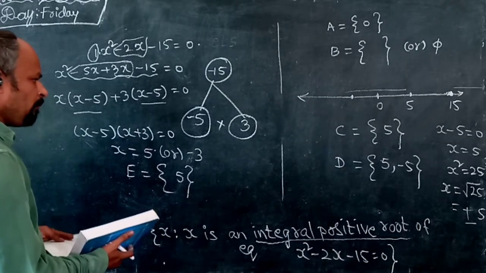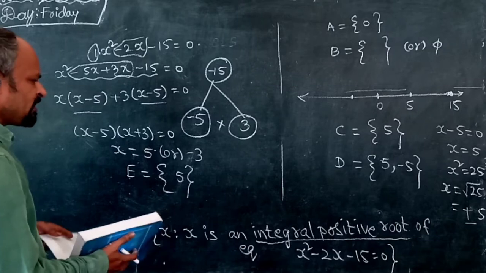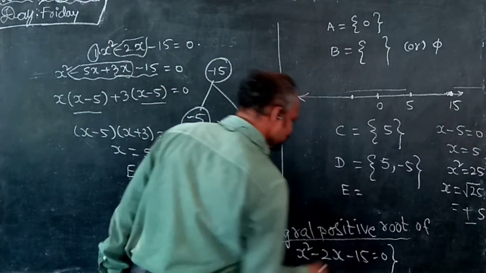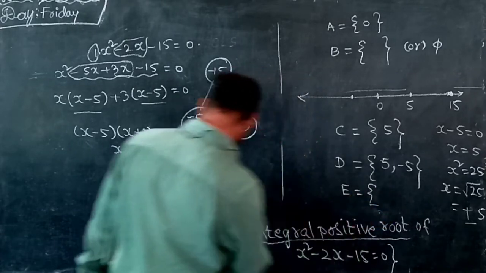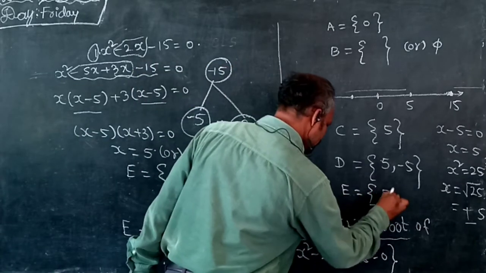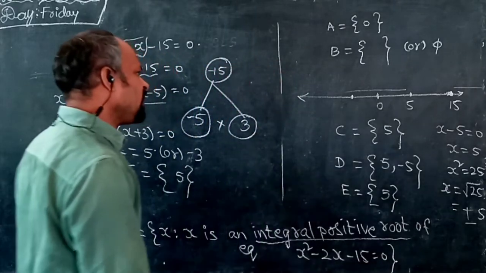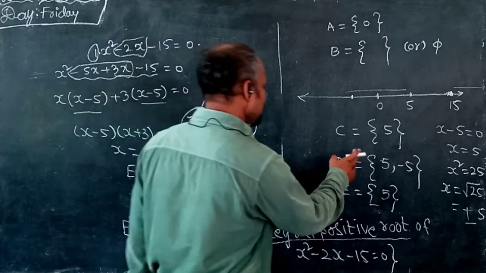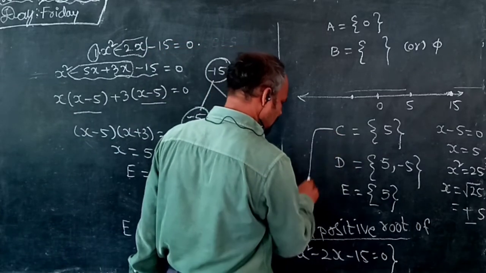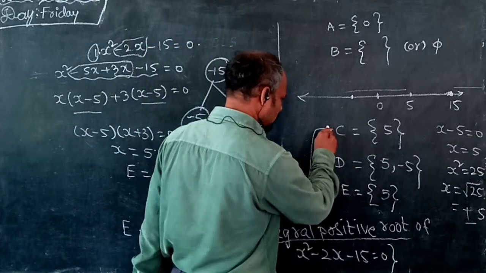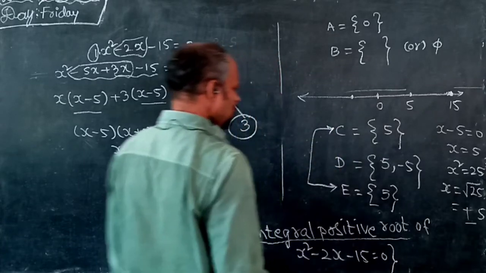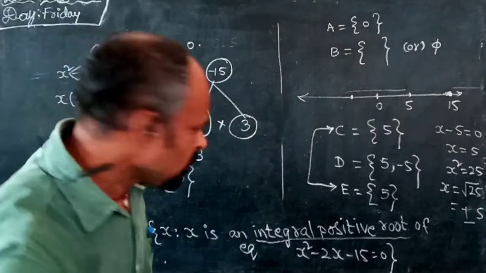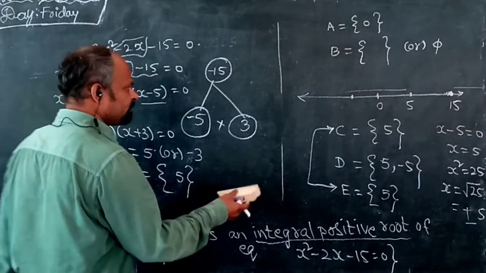Now we have to compare all these A, B, C, D, E. Now let us see here. E is equal to 5. Now it is very easy to conclude that C and E are equal.